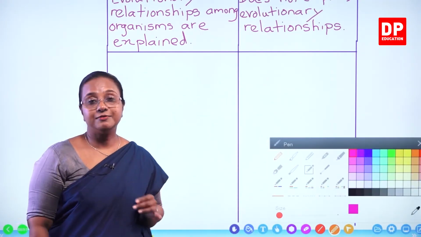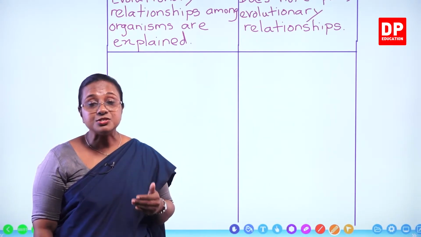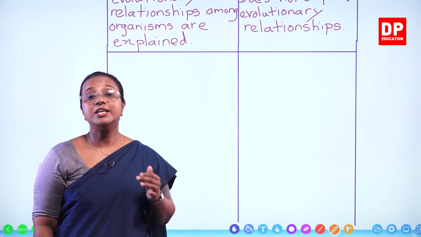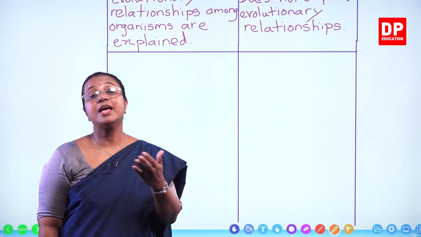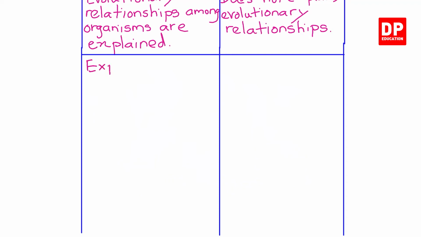What is the other difference? In natural classification, the natural relationship among organisms of the same species is explained.